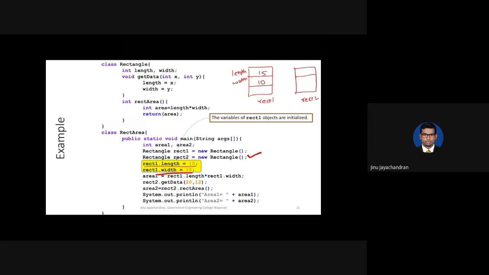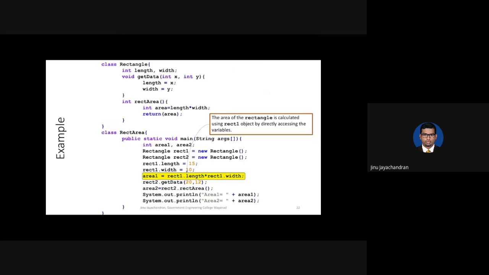So there is a length here and a width here. Okay, now what we do, we directly access these variables using the corresponding objects.